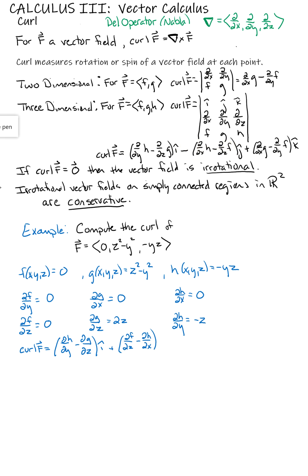That is our j component, plus the k component, the partial of g with respect to x minus the partial of f with respect to y. That's for k. All right, so what do we have? Putting this all together, just kind of matching what we've got.